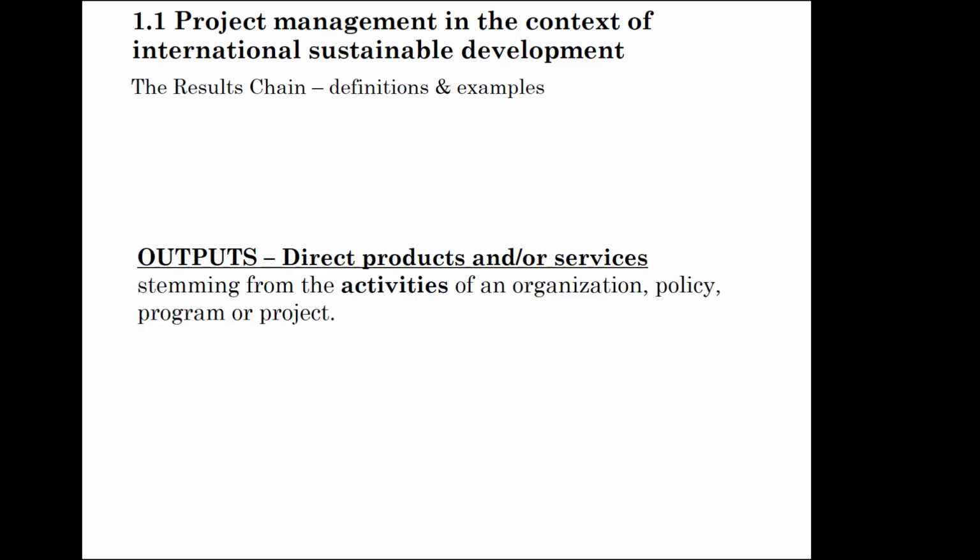Outputs are the direct products or services that are produced by the project that need the activities of the development agency. So this could be demonstration sessions and capacity development courses delivered on, let's say, the identification and management of crop diseases.